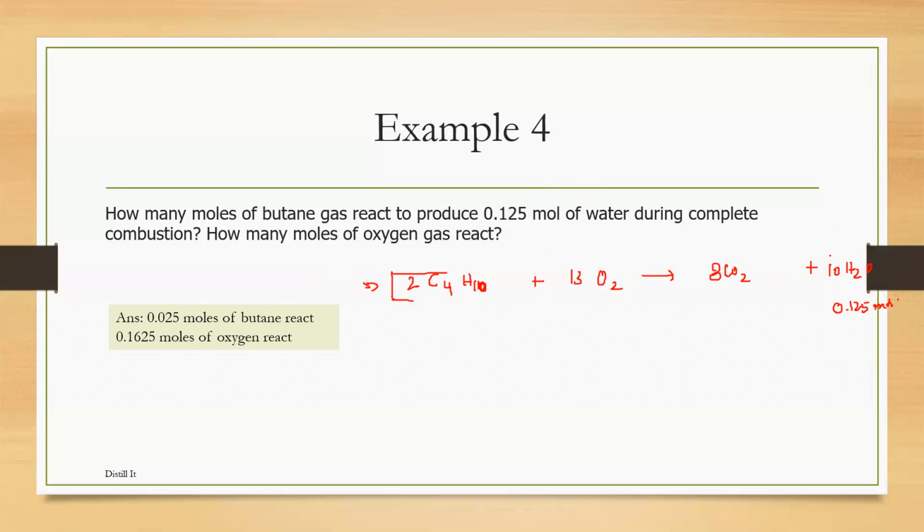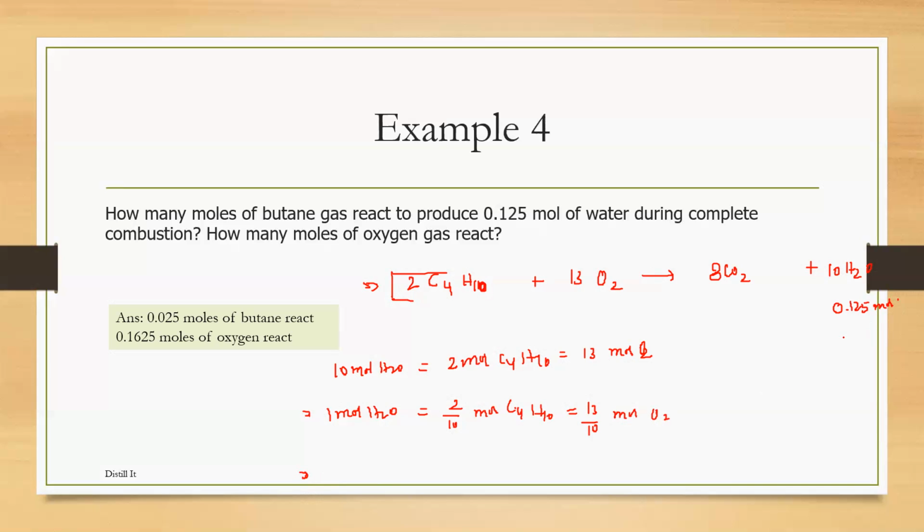That means when 1 mole of water is produced, 10 mole water implies 2 mole butane, which implies 13 moles of oxygen, right? So this means 1 mole water would imply 2 by 10 moles of butane, which would imply 13 by 10 moles of oxygen.